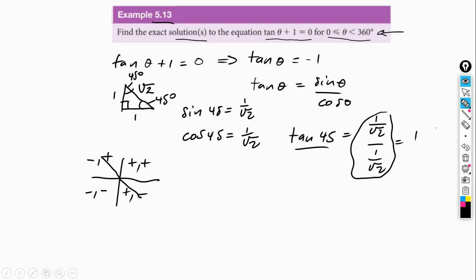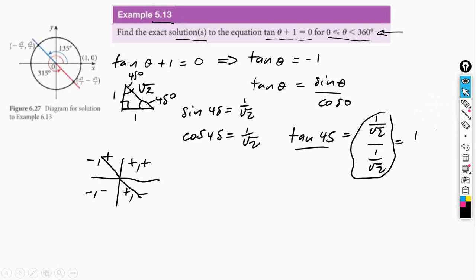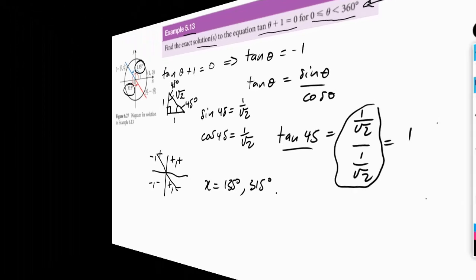And we know, if we go back to the unit circle, that both solutions are going to be 135 degrees, which is in the second quadrant, and 315 degrees, which is in the fourth quadrant. Therefore, x is equal to 135 degrees, and x is equal to 315 degrees.